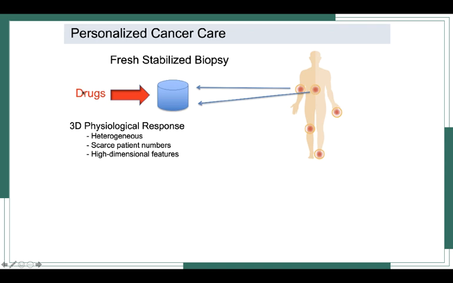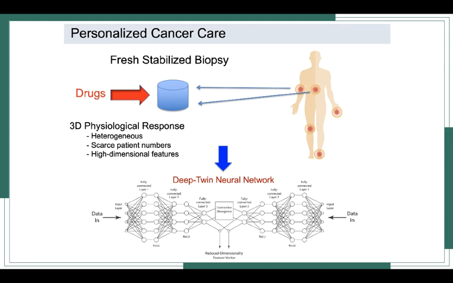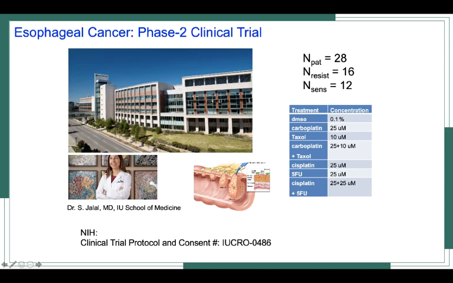And these would be the drugs that the doctor might be trying to select them on. And what we do is with our libraries and with some machine learning, we look for signatures of chemoresistance. And so I'll talk about these deep twin and triplet neural nets in just a moment.